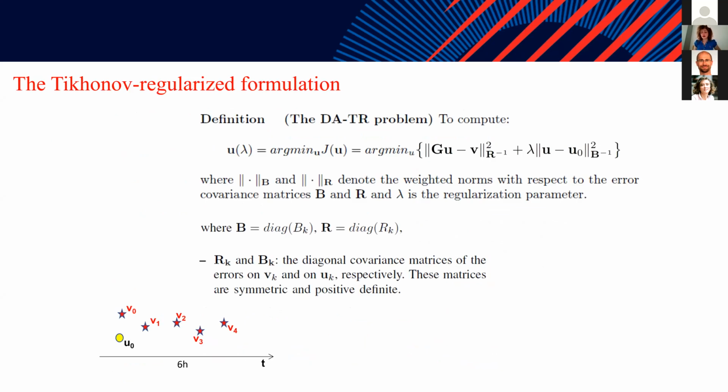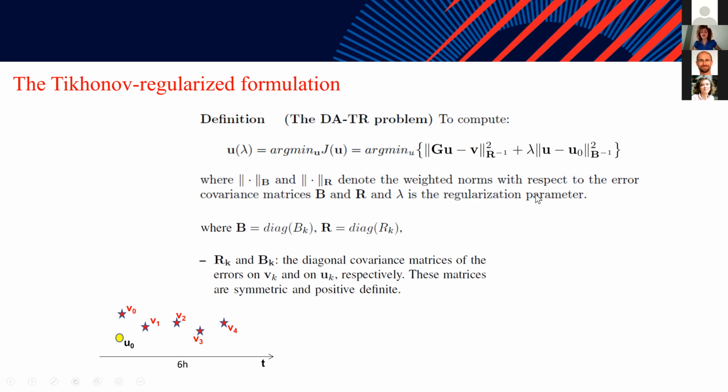In any case, when you want to solve a data assimilation problem, essentially you try to minimize this cost function. I will show you that most of the common data assimilation models can be derived from this cost function. In G there is the model and the observation operator, and U is your unknown, the variable that you are going to minimize to get your data assimilation result.